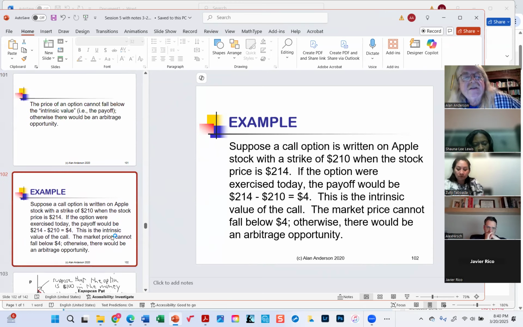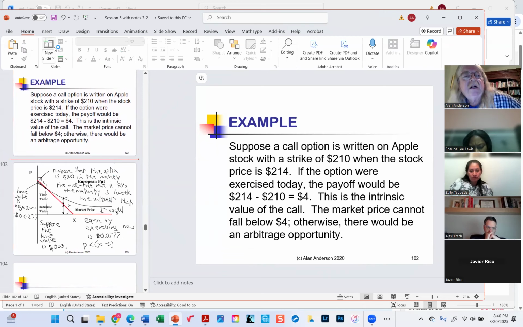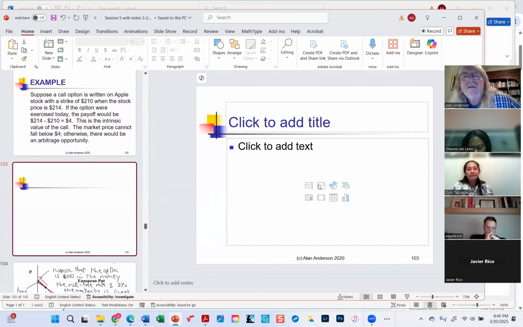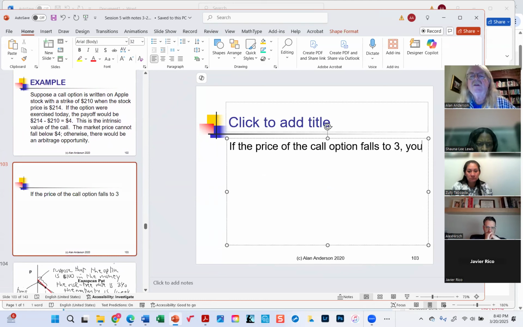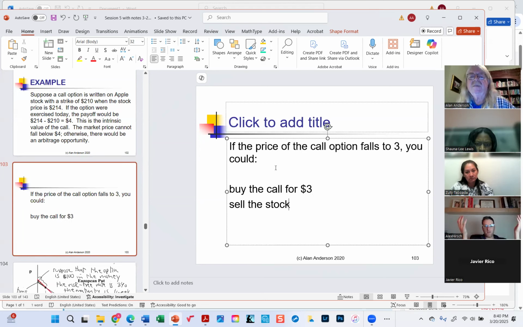So now in a case like this, if the price fell to 3, you could buy the call for 3. You'd immediately make $1. Because then you would sell the stock for its market price of 214.